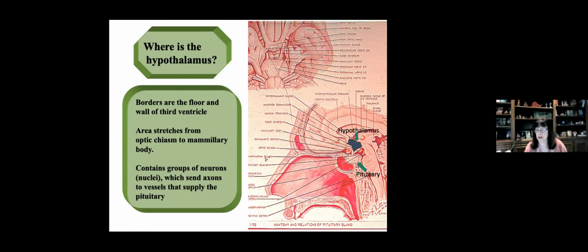So there's its front and there's its back wall. You can see that its base here is part of the posterior pituitary, the neurohypophysis, called the median eminence. We'll get the boundaries in a bit. Basically, it contains groups of neurons which regulate the pituitary by sending axons to the blood supply in this region here.